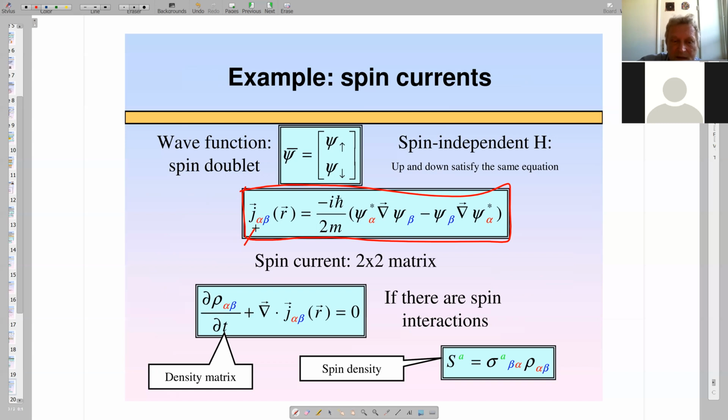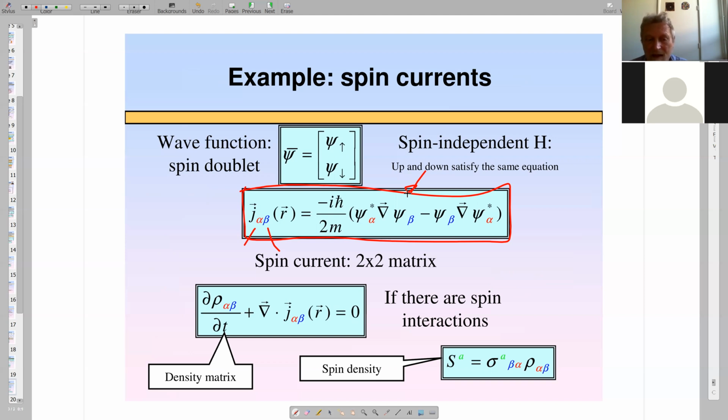So there is index of one wave function, index of another wave function, and I will write this expression. This is a 2 by 2 matrix, right? And this is a matrix which encompasses usual current of probability, as well as spin current.